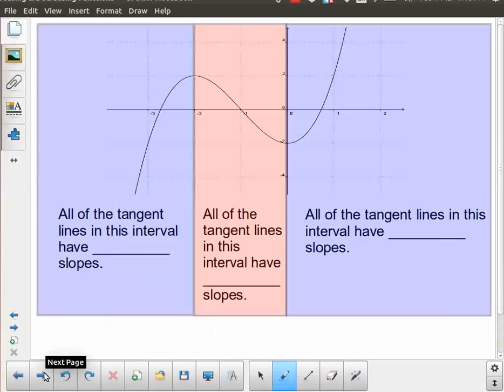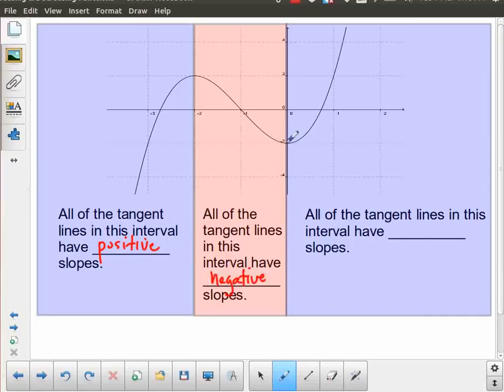Another way to see that visually, I've done it here with color. So over here in this blue box, all of the tangent lines in this interval have positive slopes. Here, where it is decreasing, all of the tangent lines in this interval have negative slopes.